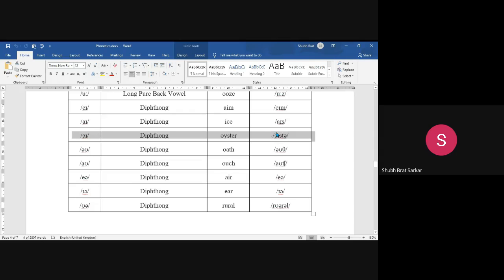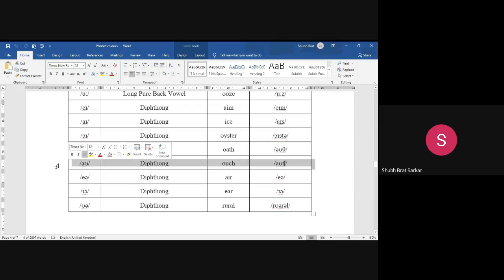Oyster. əʊ, as in oath. Two sounds are there, əʊ and th.